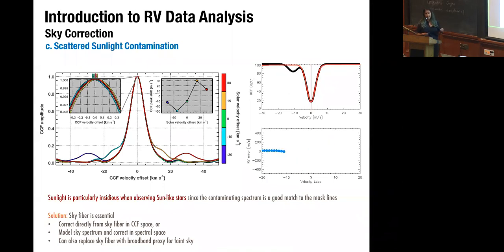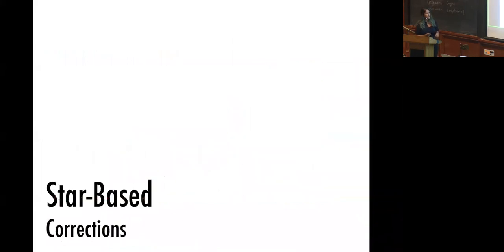So here the sky fiber is actually essential. You need that sky fiber for when the sky is bright, so you can extract that spectrum and correct it out of your stellar spectrum. Again, very carefully, because anytime you change your stellar spectrum, you're messing with the lines. You have to be really careful that you're not introducing new systematics as you correct some known systematics.